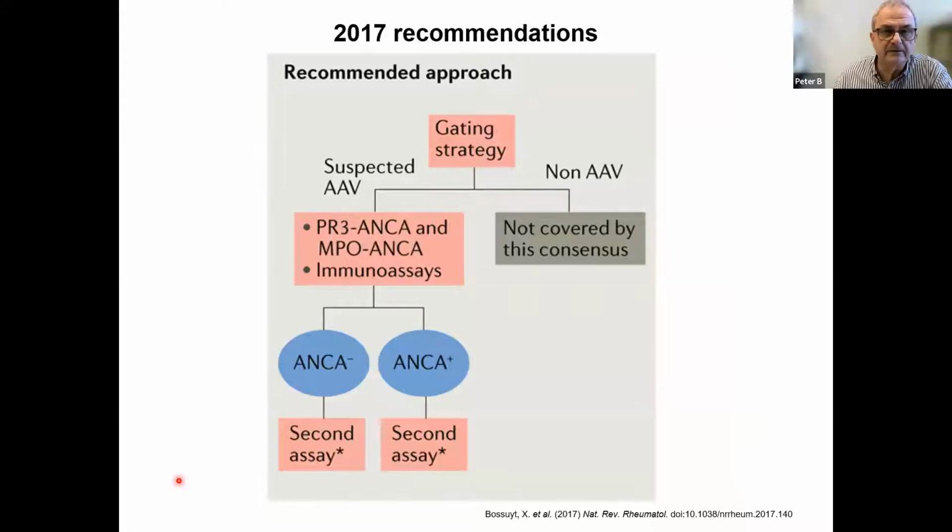So this is the stepwise gating strategy. They should have a clinical suspicion of vasculitis, and then you have the immunoassays. And if you have a strong suspicion, you should have a second assay performed.